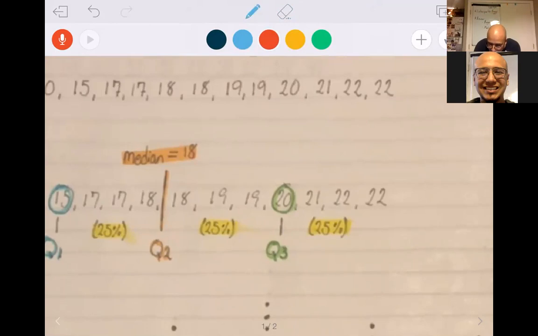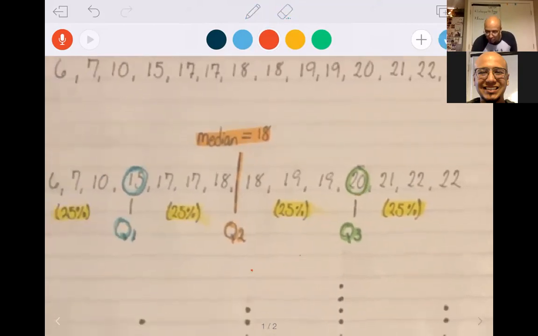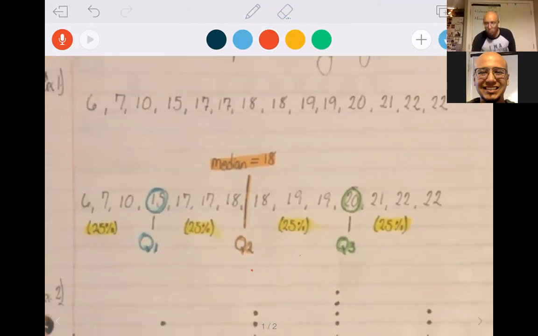The number right in the middle of that is 20, so that is going to be quartile 3. So as you can see, I have found quartile 2, which was 18, the median of the whole thing, quartile 1, which was our lower median, which was 15, and quartile 3.